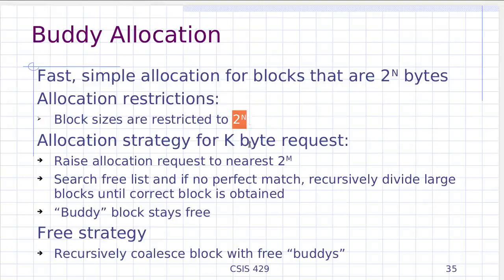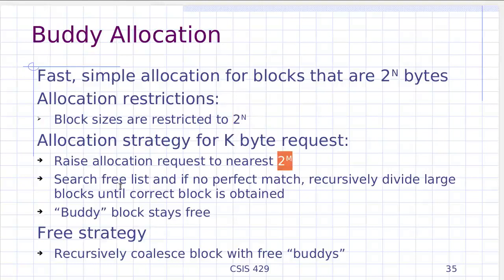The allocation strategy, if you get a k byte request, is to find the nearest power of 2 that's bigger than or equal to k, and raise the allocation request to that.